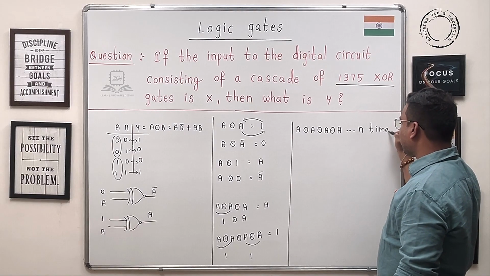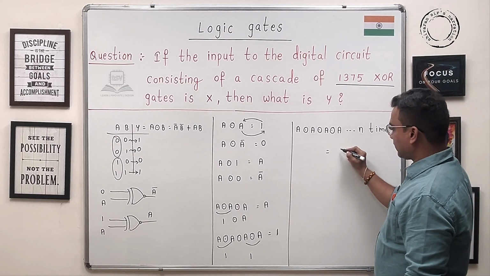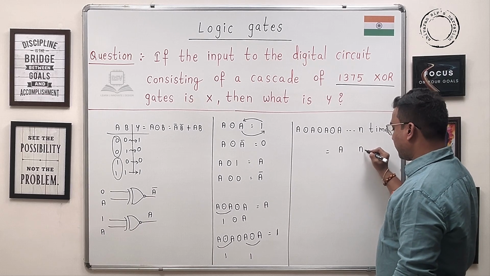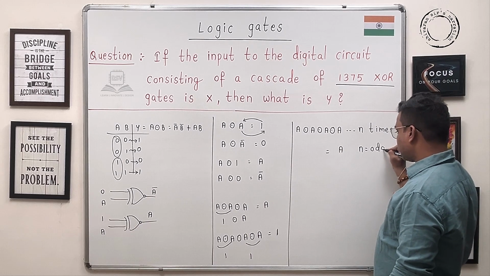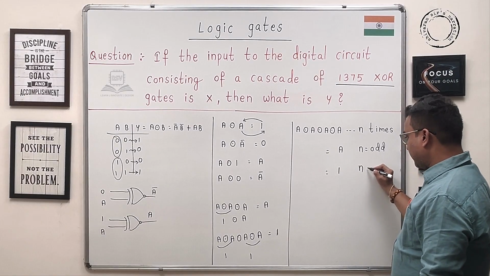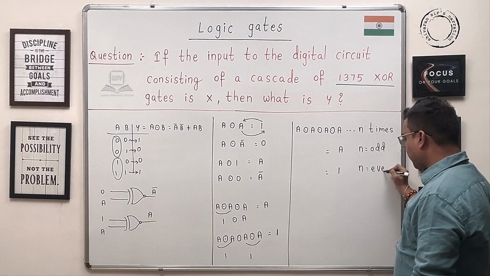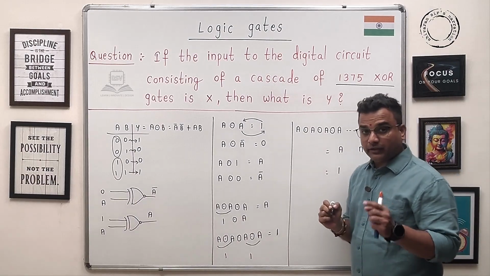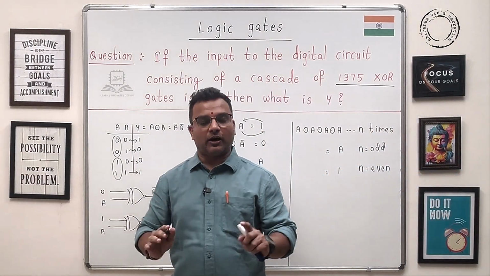Then obviously the output is A when n is odd. Similarly it becomes 1 when n is even. This is regarding the properties of the XNOR gate.